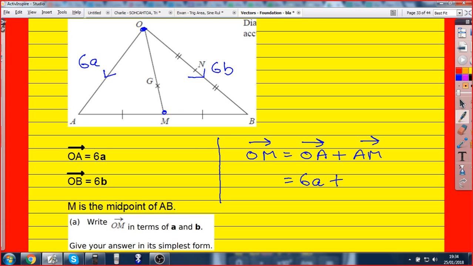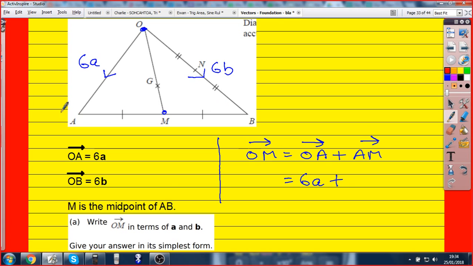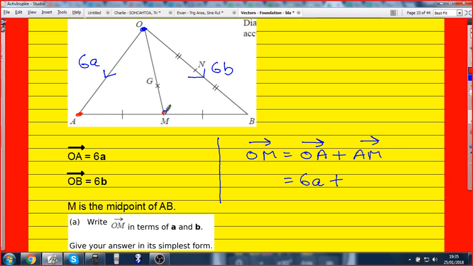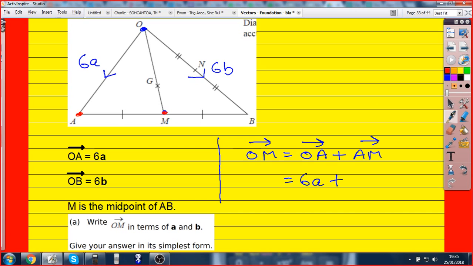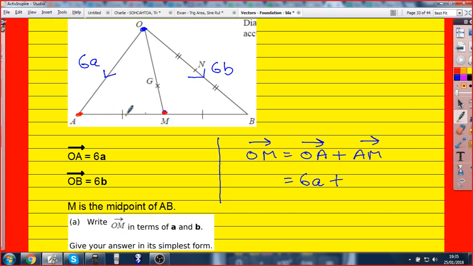How can we go from A to M? Because we don't know AM. No, I don't see how we can do this.